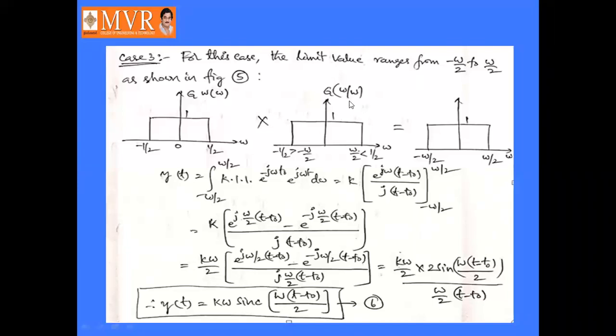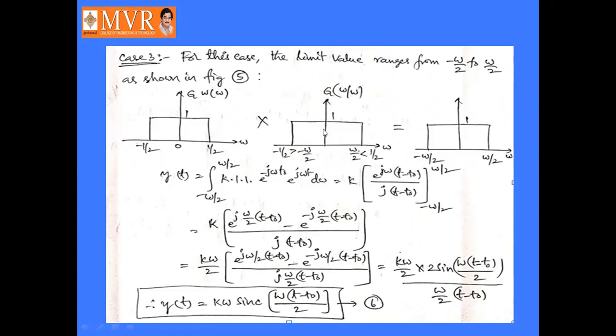So coming to case 3, the limit values range from minus omega by 2 to omega by 2. I am multiplying these two, so that we will get this one. So y of t equals the integral from minus omega by 2 to plus omega by 2 of k into 1 into 1 into e power minus j omega t naught into e power j omega t d omega.